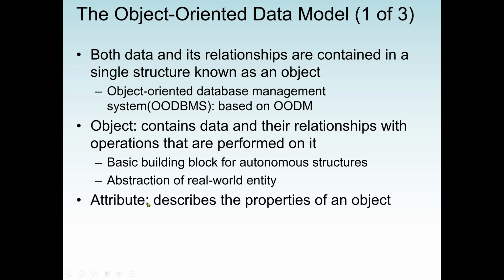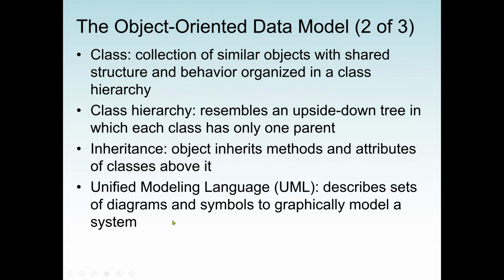We said the attributes normally describe the properties of an object. Most of the time we say it's the characteristics of an object. So an example of an attribute, let's say for a student, can be the student last name, address, the student grade. These are all the attributes, the characteristics of the student.